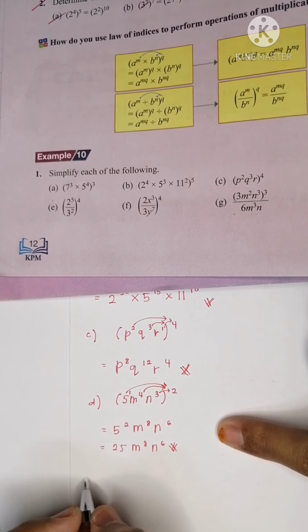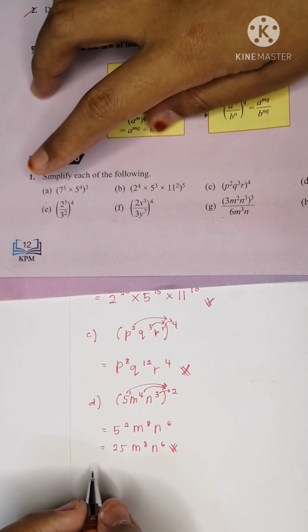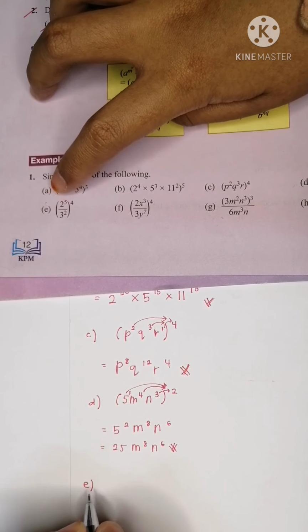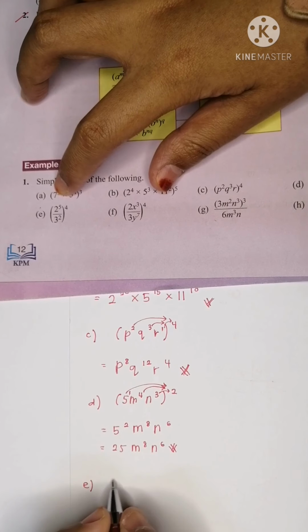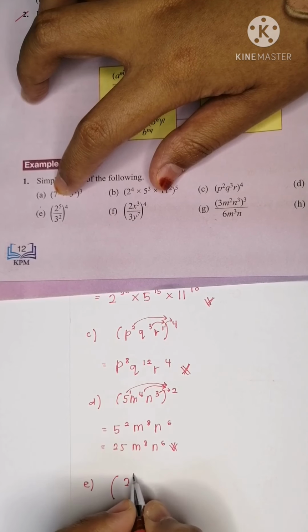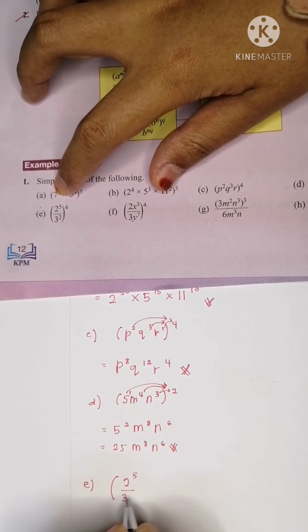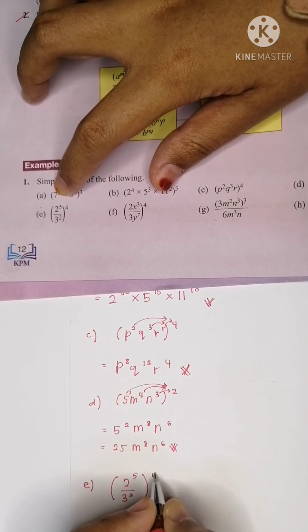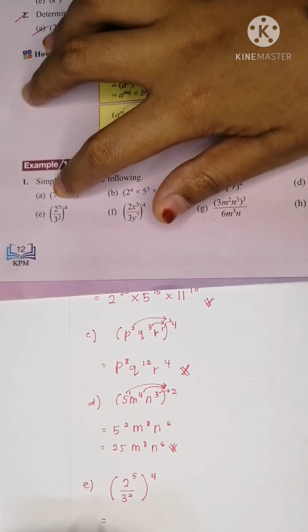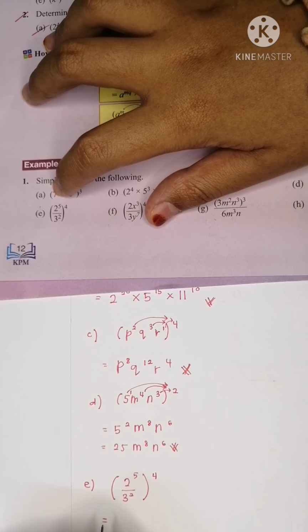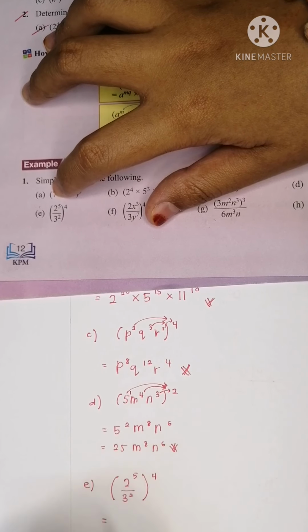Now for E. I will show you for E. 2 to the power of 5 over 3 to the power of 2, and then to the power of 4. So how do you want to solve this one? It's easy. Don't worry.